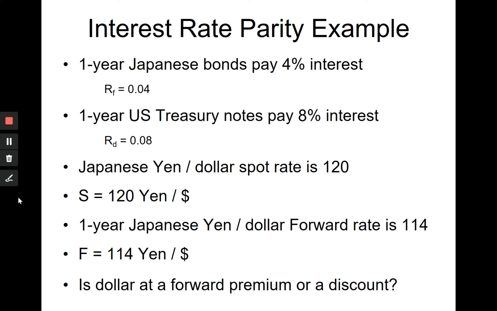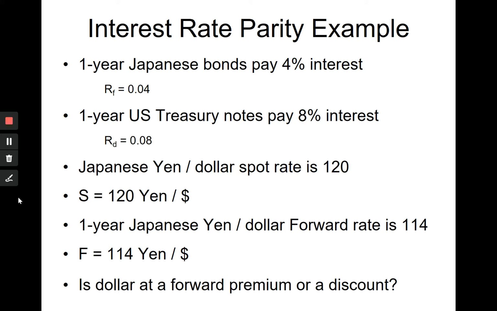It helps us understand this concept of premium or discount. Forward premium meant that the price of the dollar in the forward market is more than the price of the dollar in the spot market. And forward discount meant less.